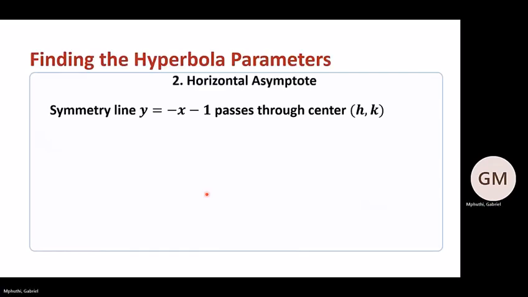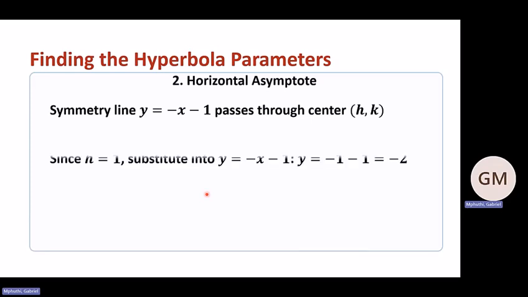Now, we go for the horizontal asymptote. We notice that our symmetry line, y equals minus x minus 1, passes through the center (h, k). Since h equals 1, we substitute into this equation in order to determine the value of y.